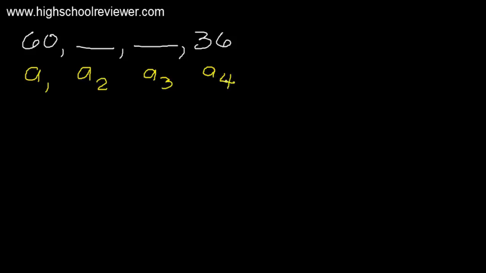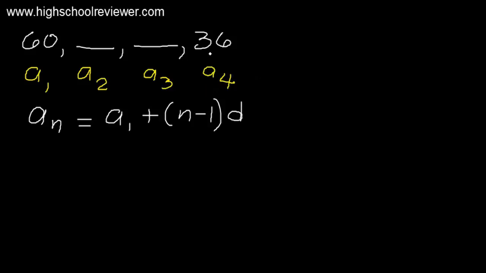To find the missing terms, first we need to get the value of d. To find the value of d, we need to use the equation a sub n equals a sub 1 plus n minus 1 multiplied by d. For a sub n, we are going to use a sub 4.